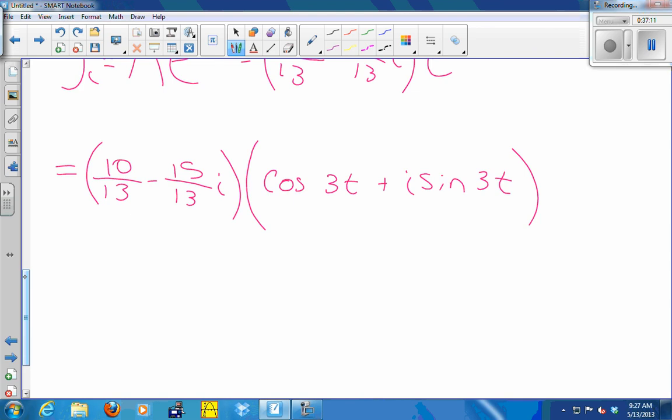Okay, so now I FOIL this thing. I have to multiply this all out so that I can grab the real part.